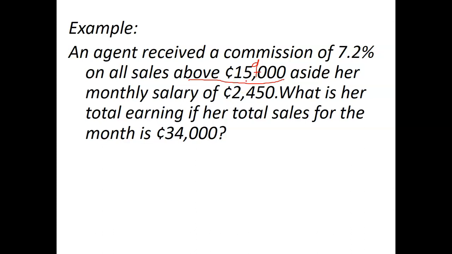So to get the commission, your commission will be 0.072, which is the rate, times 19,000. So the answer you will get becomes your commission. Then you add what you get for the commission to the monthly salary to know her total earning. So you do that and then comment with the answer in the comment box below.